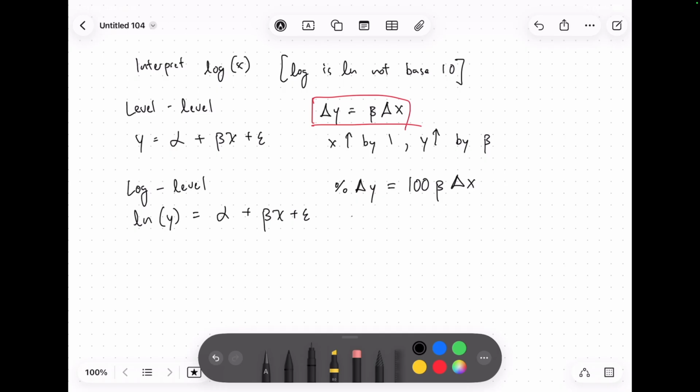So basically you're saying as x goes up by 1, y goes up by 100 times beta percent. So you can do a percentage change in y as x goes up and down.